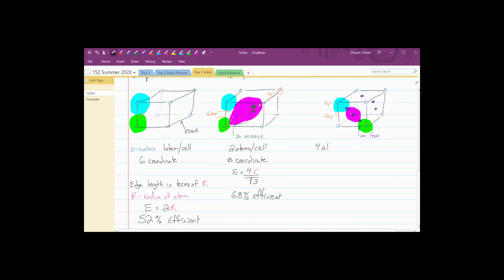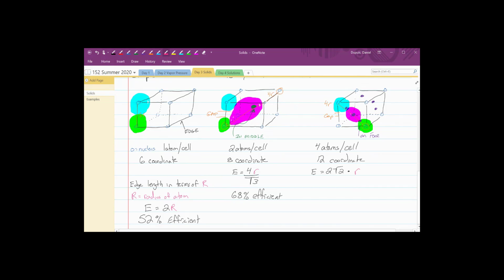So there's 4 atoms in the cell. Now we're going to show you how to determine that in 2 minutes. You actually have 12 coordinate. The edge is equal to 2 times the square root of 2 multiplied by the radius.